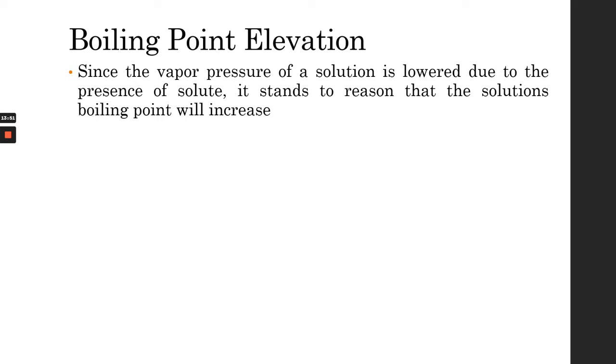It stands to reason that the solution's boiling point will increase. So meaning, in order for us to increase the vapor pressure to be equal to the atmospheric pressure, which is the boiling point. If you guys remember what the boiling point definition is, the boiling point is basically when the vapor pressure is equal to the atmospheric pressure. We've discussed this long time ago. I hope you guys did not forget that.